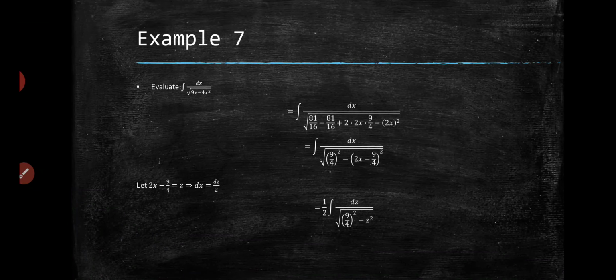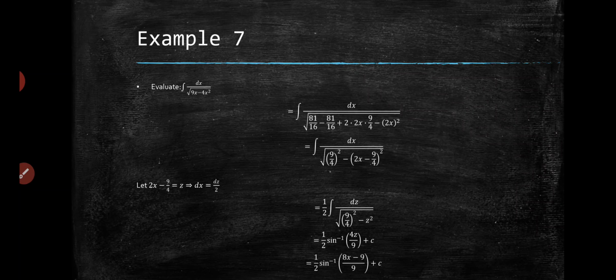Put it back, then it becomes half into integration dz by under root 9 by 4 whole square minus z square. So this integration will become basically half into sine inverse z by 9 by 4, so that is 4z by 9. But z is something we have chosen for ourselves, so I have to substitute it back. So z is 2x minus 9 by 4 multiplied by 4, it becomes 8x minus 9. So therefore this is your final answer.